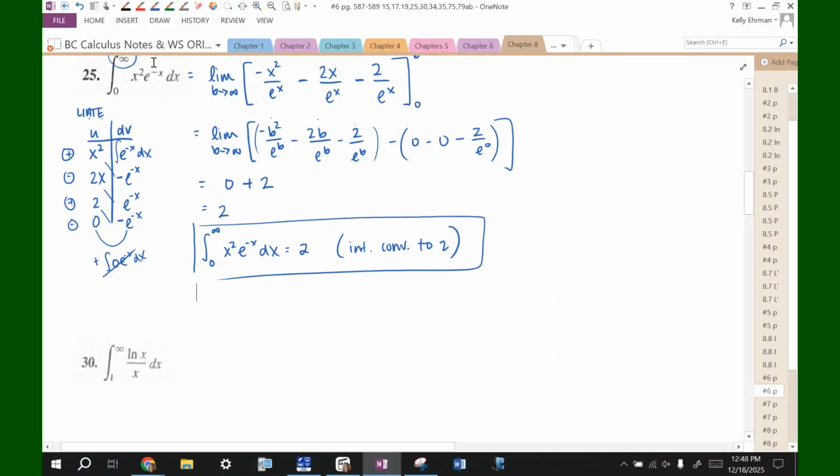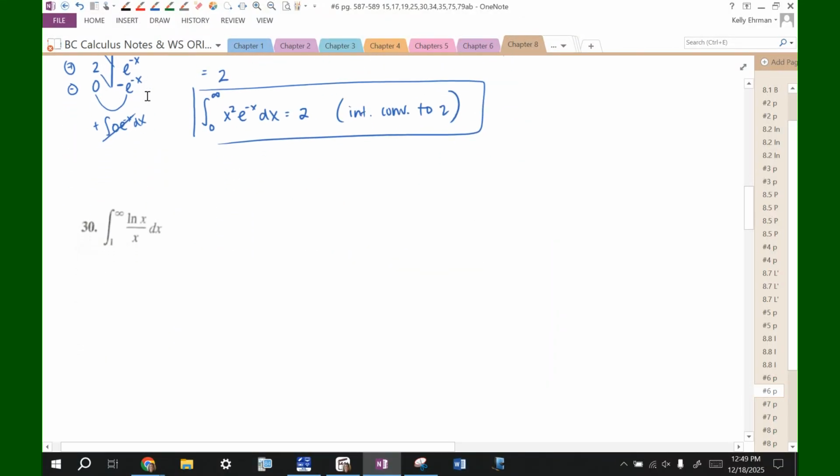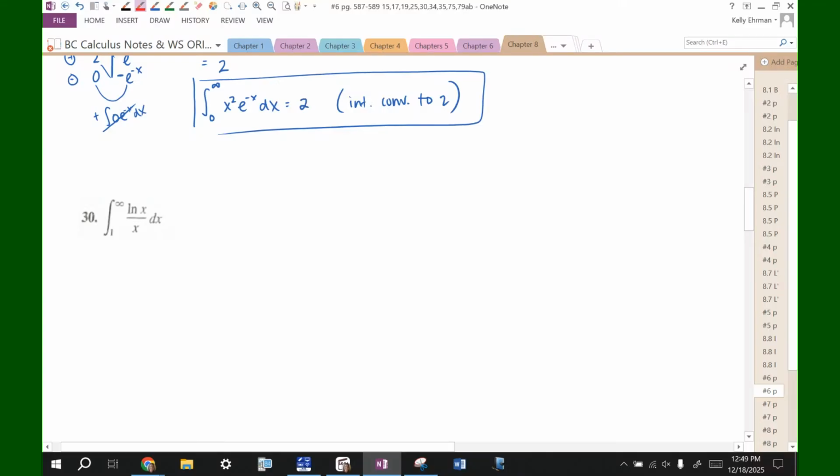All right, for number 30, now we have the integral from 1 to infinity. Let me set up my limit notation so I don't forget about it. I should have done this on the last one. Not that I forgot, but still. All right, this should look kind of familiar. It's not integration by parts because u-sub should work here.